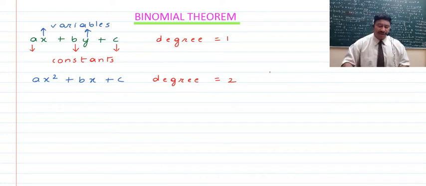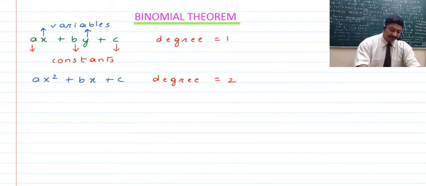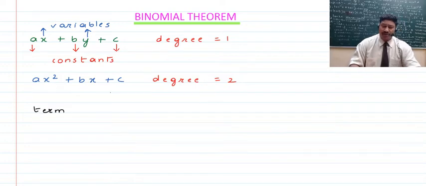Now children, we come to what a term is. A term is a very important facet when we talk about any algebraic expression. Whenever you have constants and variables which are multiplied together such that there is no plus or minus sign in between, then we call it a term.